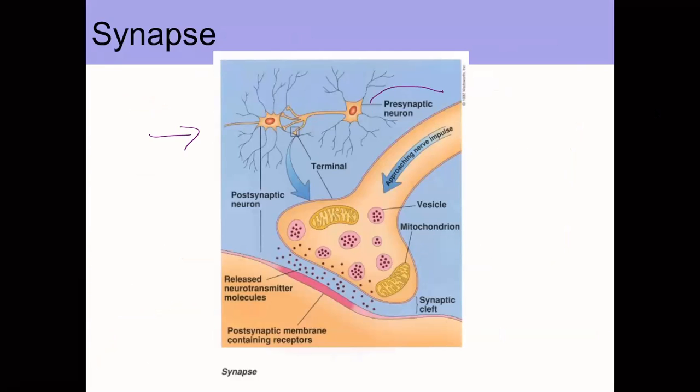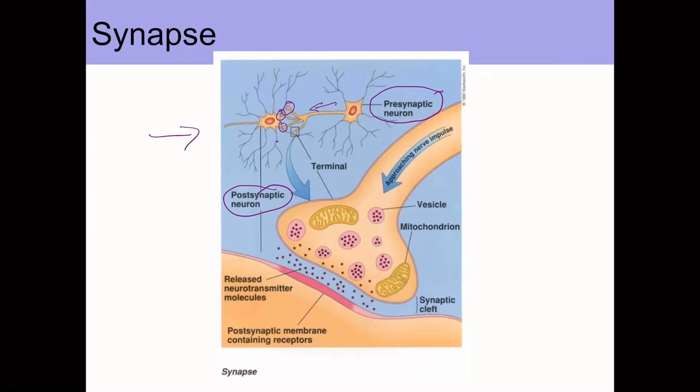This is the presynaptic neuron, and this is the postsynaptic neuron. This neuron is going this way. Here are the synaptic knobs, and those synaptic knobs are communicating with the dendrites in the postsynaptic neuron.